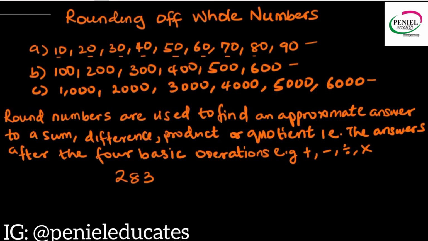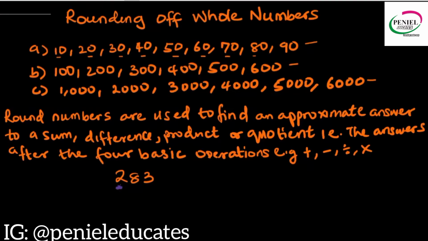Now, hundreds have 3 digits: 1, 2, 3. This is the place where the hundreds is. You can have 200, 300, 400, and all that. So we have 283.